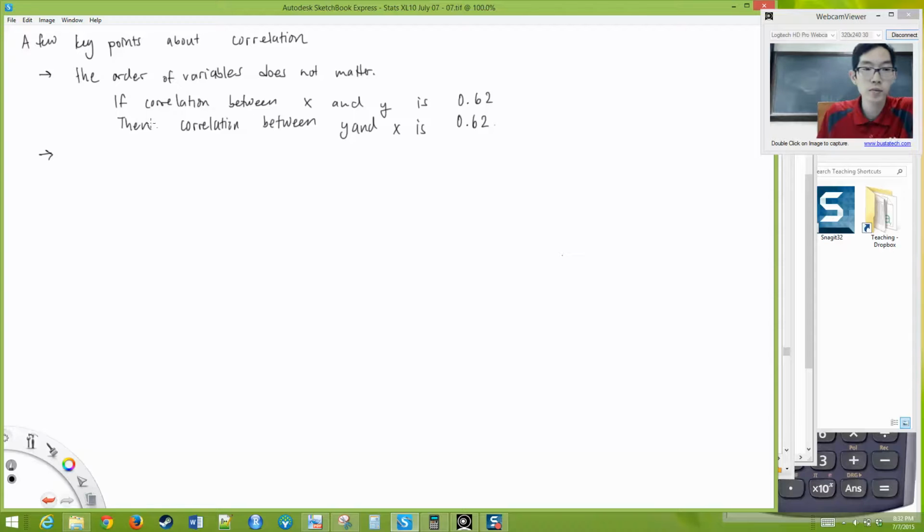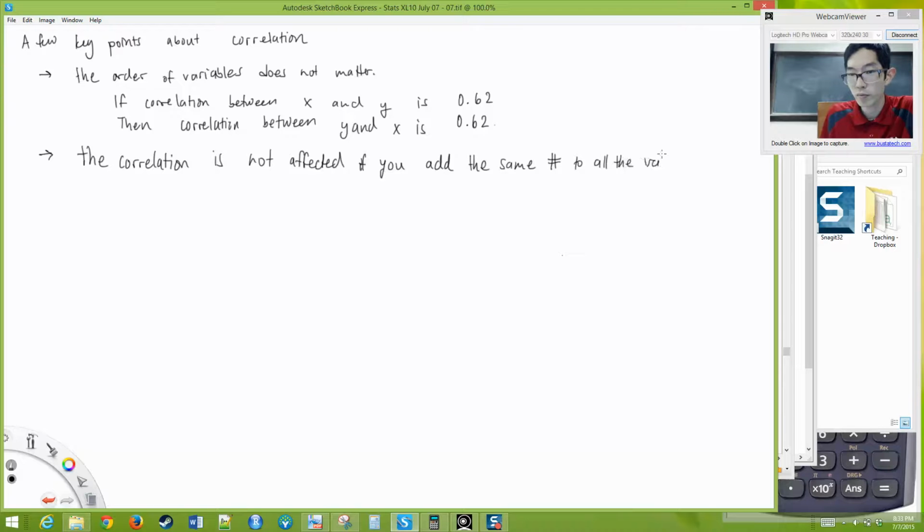Okay. The correlation is not affected if you add the same number to all the values, or if you multiply the same number to all values.